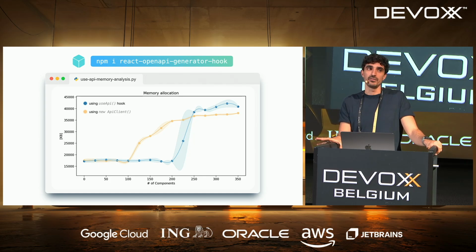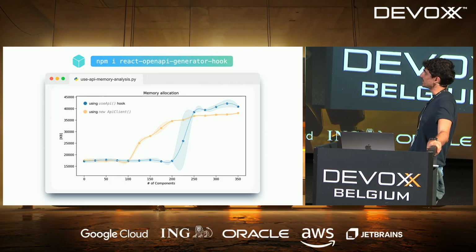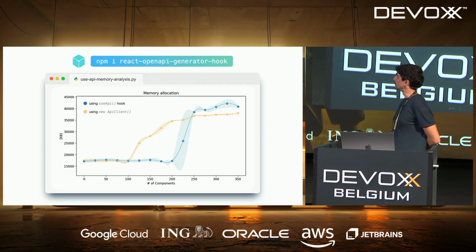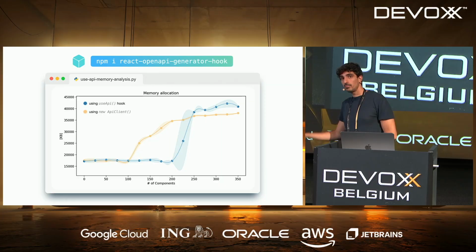So what do we have here? The line in blue is actually an application that spins up a lot of components. Sorry. On the x-axis, you can see the number of components that are mounted at the same time in the same web page.